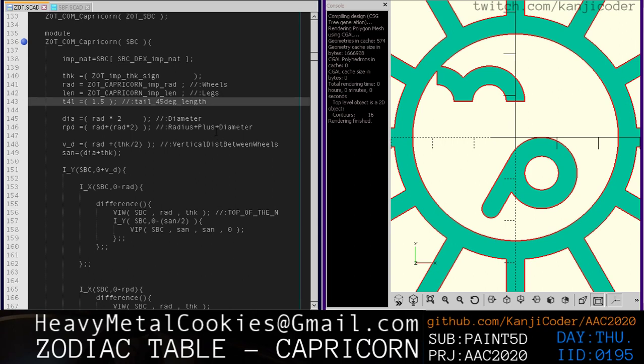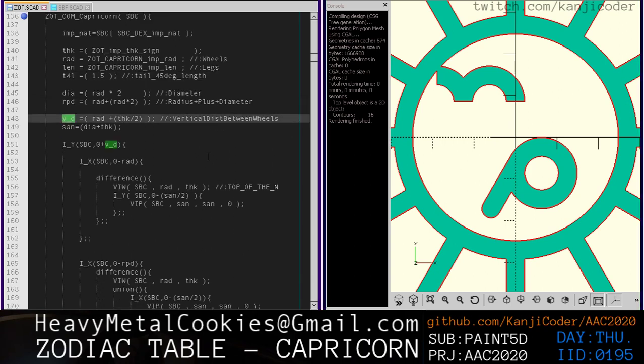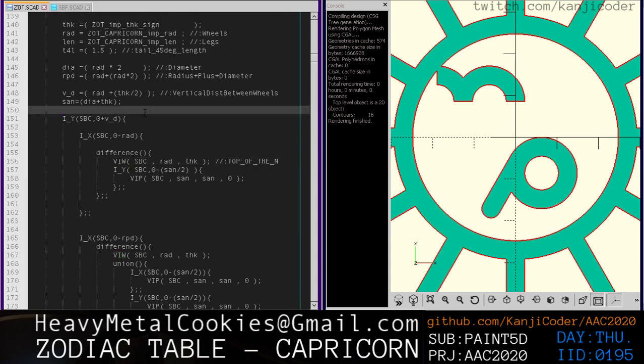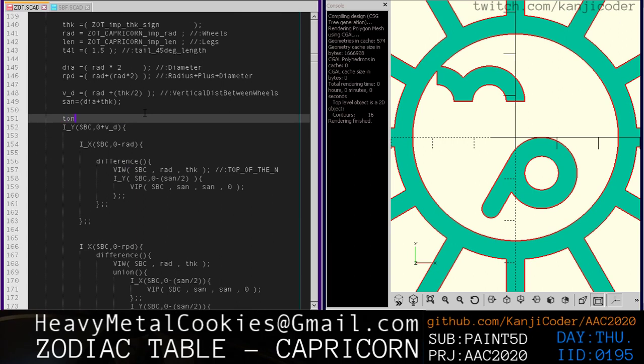right? So we got to figure out where those points are. And I don't know where those are. So we need to look at the wheels. So these are the wheels. And is this the wheel? This is the top of the N, right? So this is the wheel we want. And to get to this point, we'll say top of N equals 0 plus VD. Oh, actually, no. Top of N equals 0 plus VD, right? So the y-axis for this wheel shape.